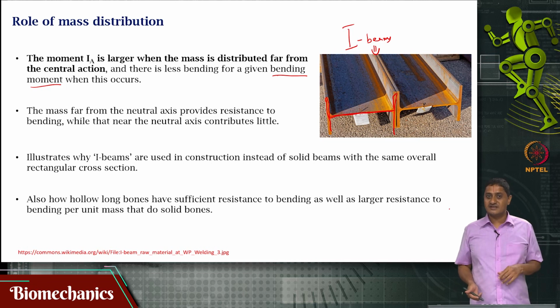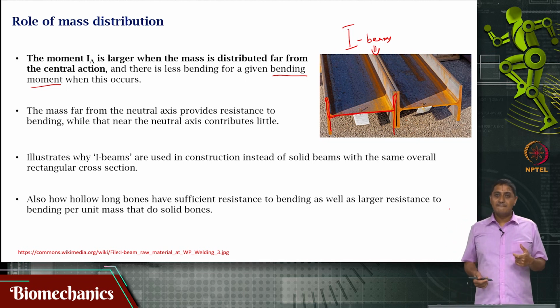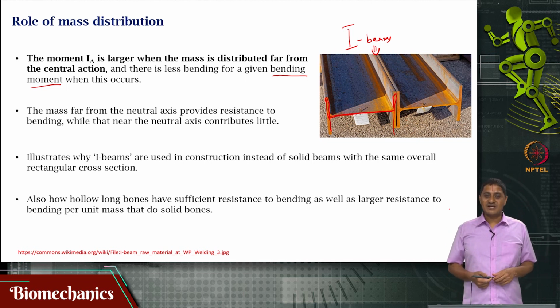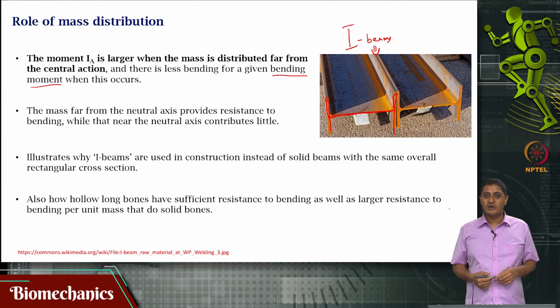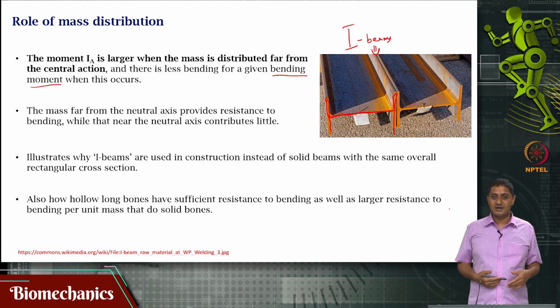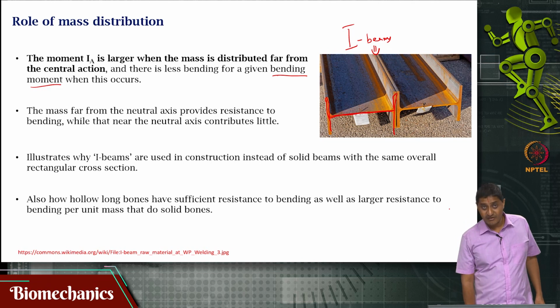Solid bones are strong, except that they are more expensive. So, per unit mass of bone you get maximum resistance to bending in hollow bones. That is why long bones such as the femur, the tibia and fibula are hollow. Something to keep in mind and something to think about in the design of bones.